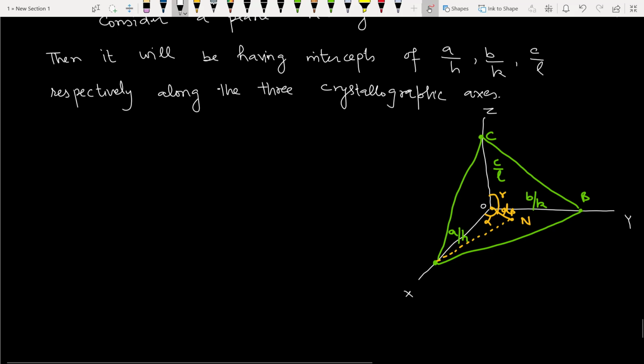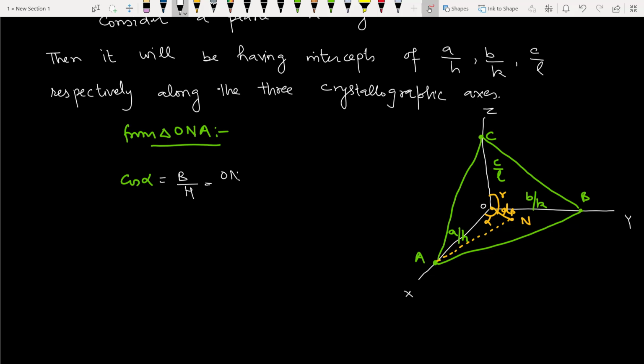It is clear from triangle ONA, where this point is A, that cos alpha will be base upon hypotenuse, so it will be ON upon OA. This is a 90-degree angle, as it is a perpendicular drawn on the plane.